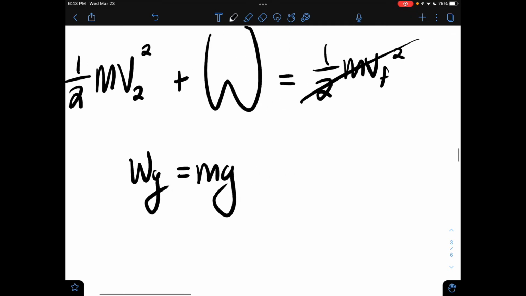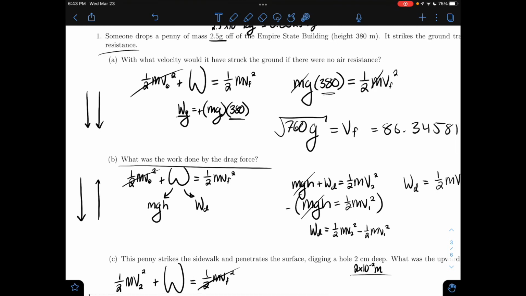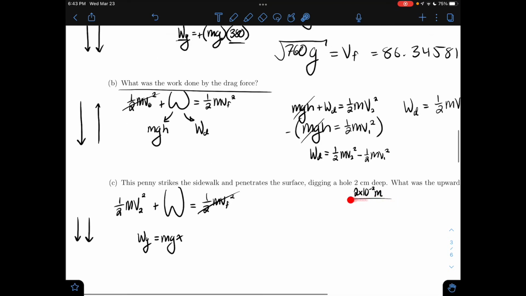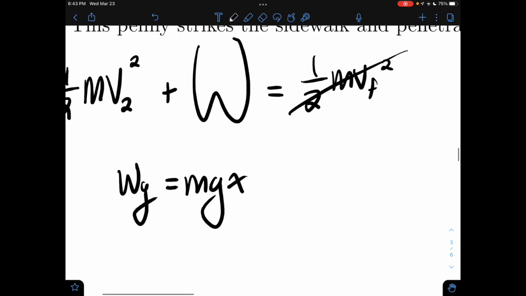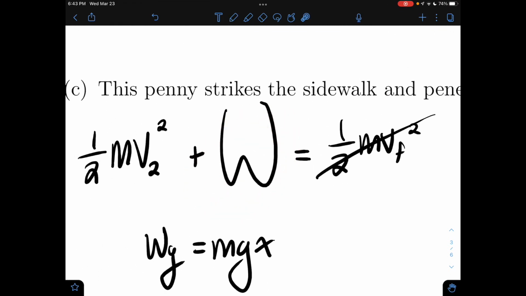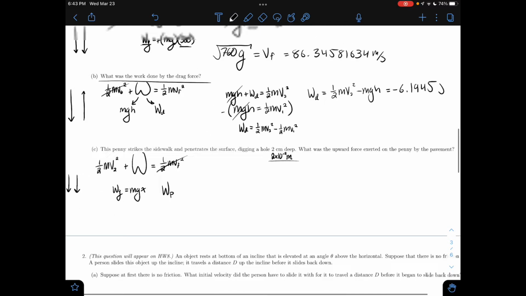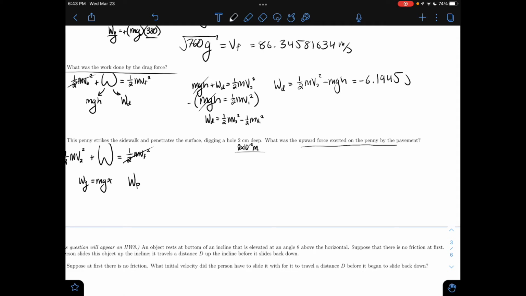I'm going to call this mgx for this one, right? Because we used h for the height of the building. I don't want to get that confused, because this is now our 2 centimeters. But we also have another thing doing work on our system. We have the work from the pavement, because that's what we're looking for. We're looking for the force exerted on the penny by the pavement.